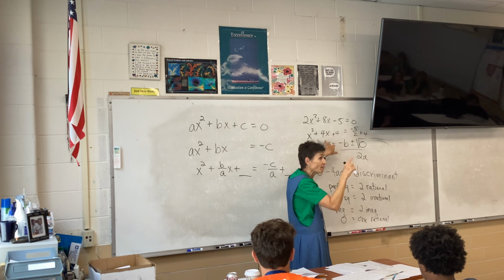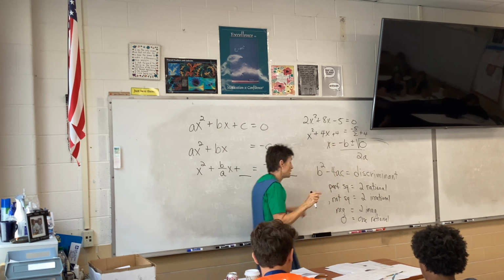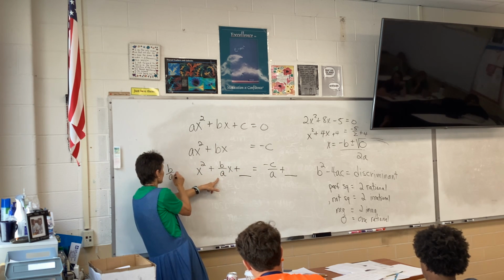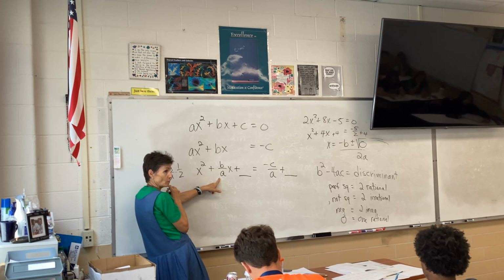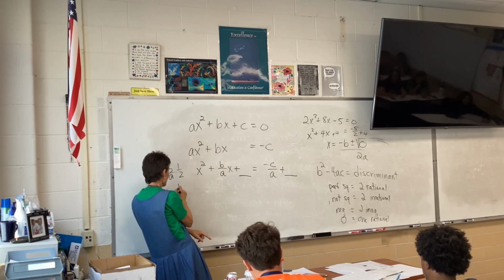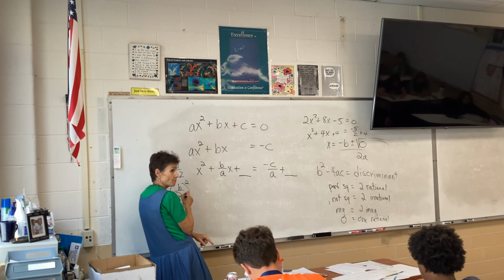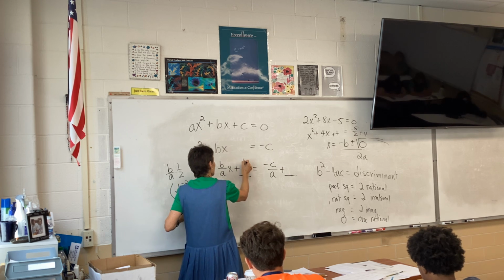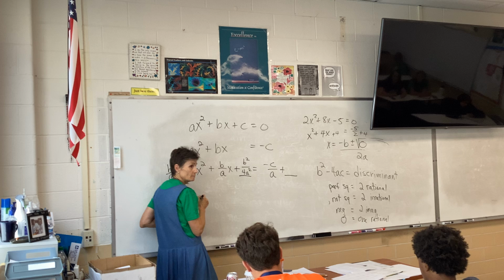It's half of the B term, the linear term, squared. So I need to take half of B over A. What's half of B over A? B over 2A. And then I need to square it. So I am going to add to both sides B squared over 4A squared.